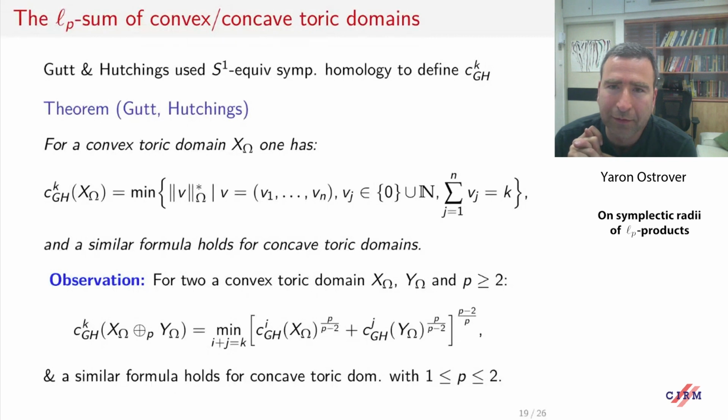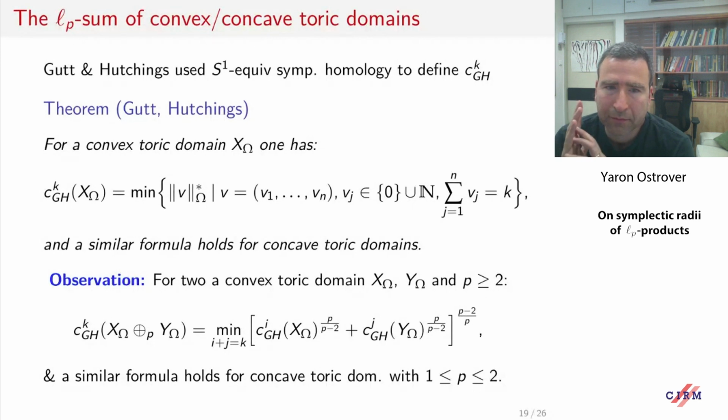I want to say we believe, but since Michael is not there to correct me, let's say I believe that yes, we still have the product property in general. But we thought about how to prove it, and it was completely unclear.